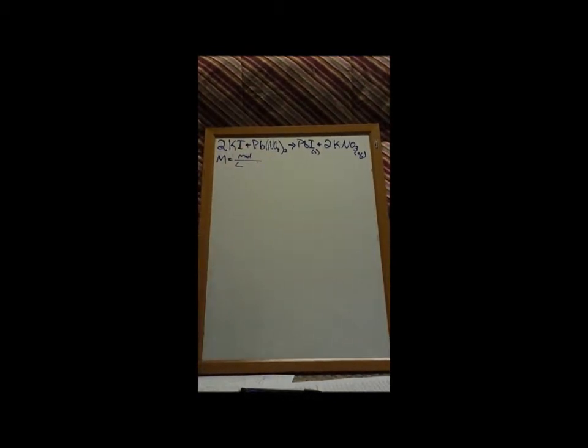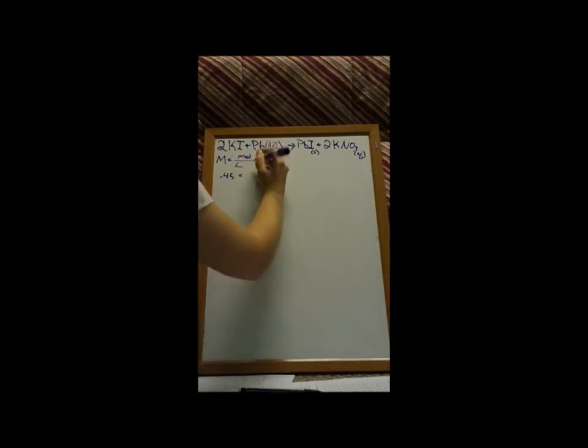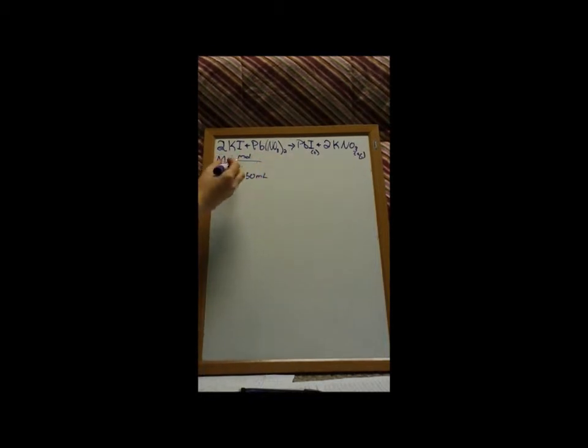Since we're trying to calculate the moles, we're given that the molarity is 0.5, and the liters is 50 milliliters. We just did a variation of the formula where liters times molarity equals the moles.